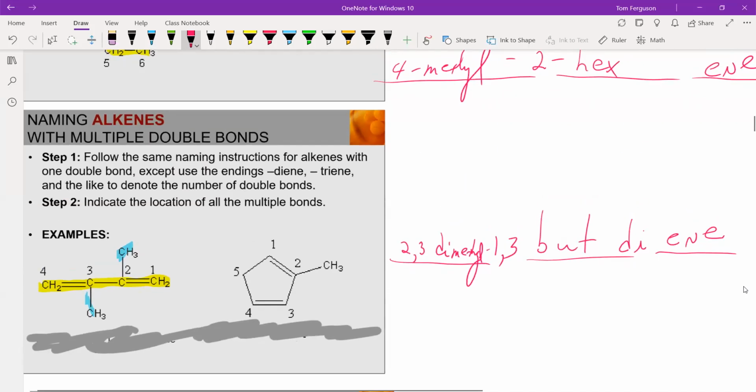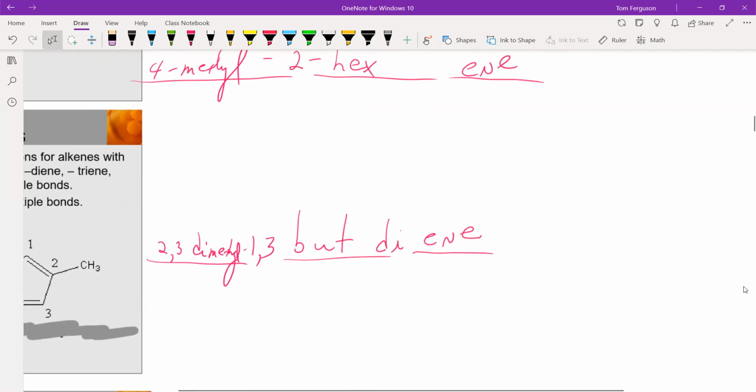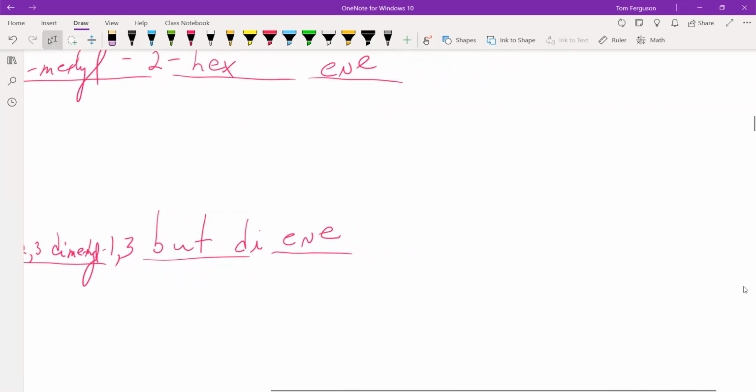Okay, so let's practice a little bit more on this. Let's start with a line draw. Okay, let's name that.